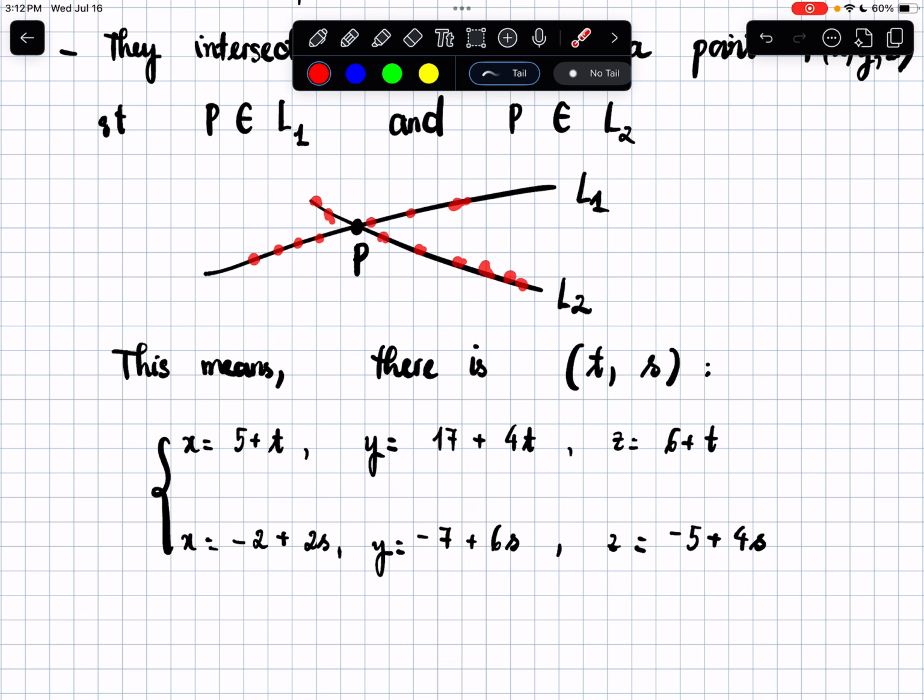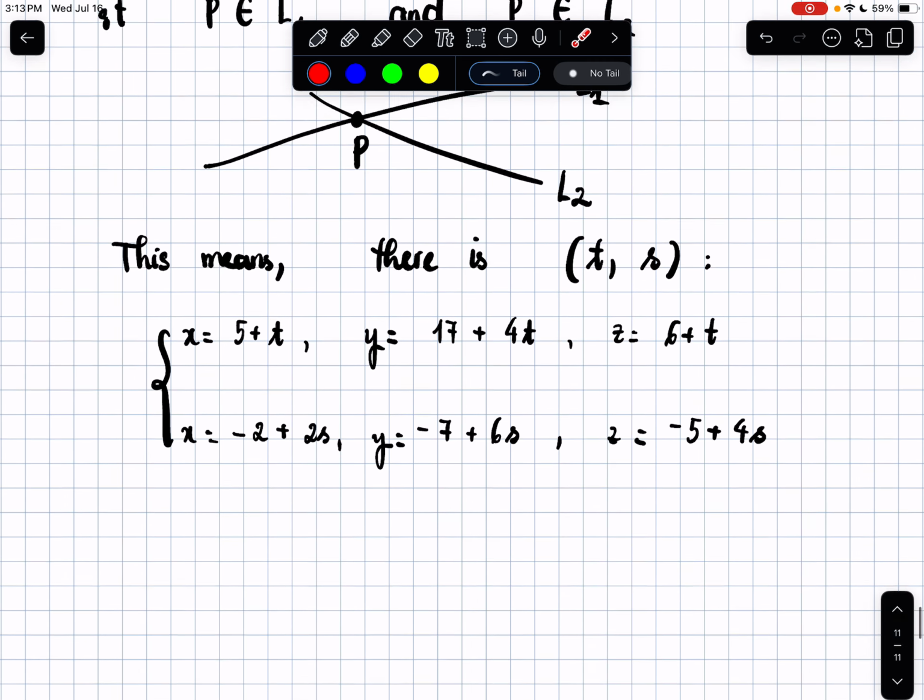If we used the same parameter, meaning they run at the same time, we wouldn't know whether at the exact time T equal to 10, the point on line 1 is here, but maybe at time 10 the point on line 2 is there. That's why we check with T on line 1 and S on line 2, such that at the time T equal to S, they meet here, if such T and S exist.